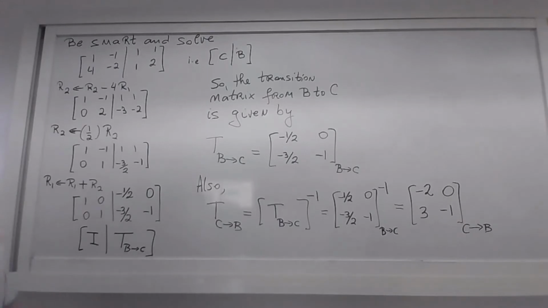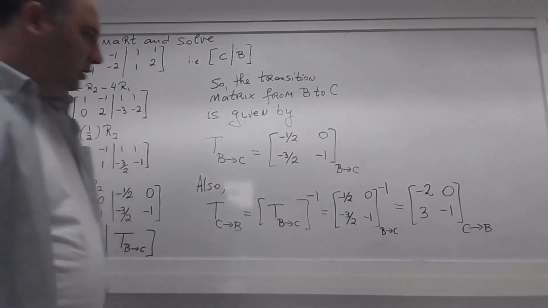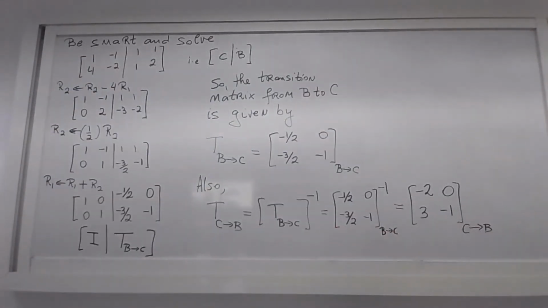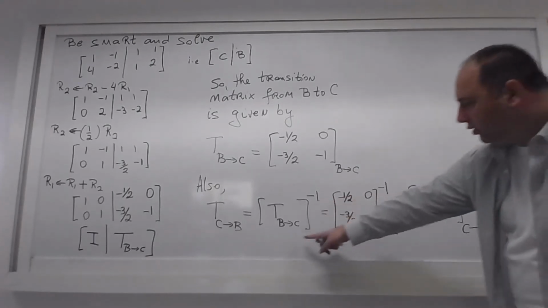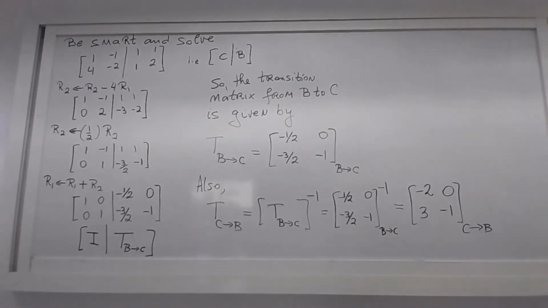Obviously here we have 2 by 2 matrices, that's fast, but even if you have 7 by 7, it's not that fast, so you had better solve the system again. So I computed the inverse, and the inverse is here. This is the transition matrix from basis C to basis B. It's the inverse of the transition matrix from basis B to basis C. So that's what I get.